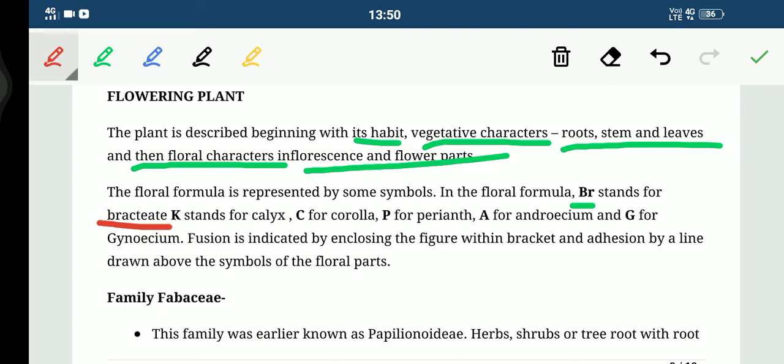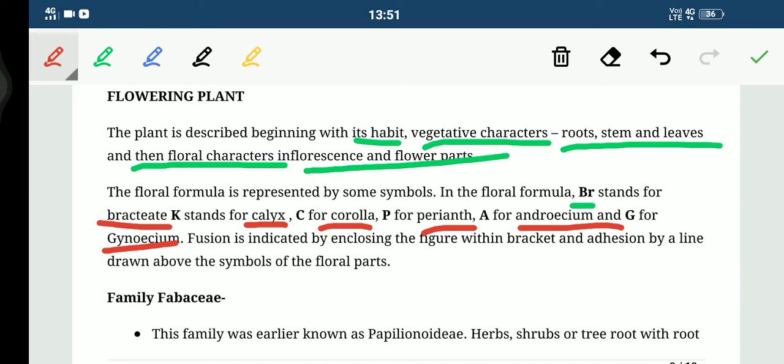K represents the calyx, C represents the corolla, P represents the perianth, the non-reproductive part which surrounds the sexual parts, the corolla and the calyx, right? A represents the androecium and G the gynoecium. Fusion is indicated by enclosing the figure within brackets and adhesion by a line drawn above the symbol of the floral parts. So there are 3-4 families that we are going to discuss.